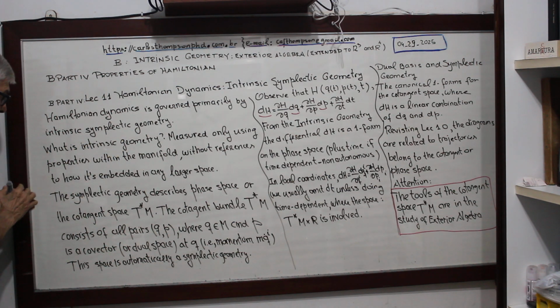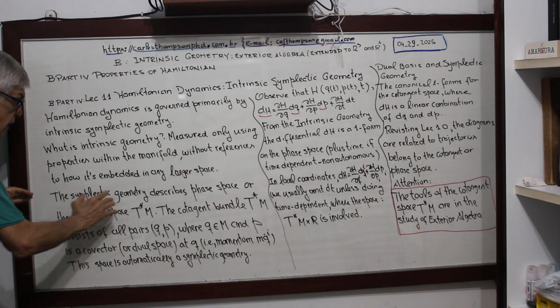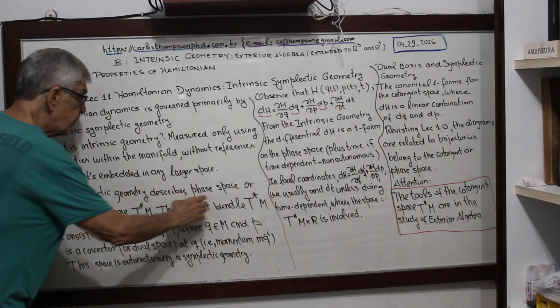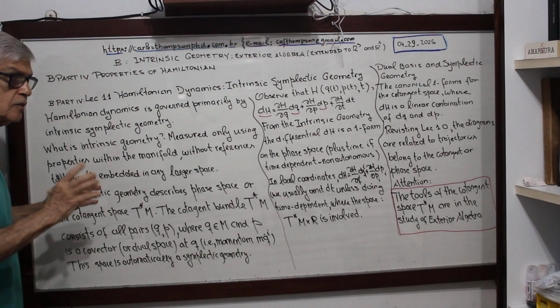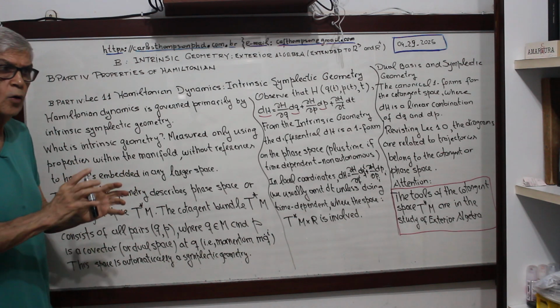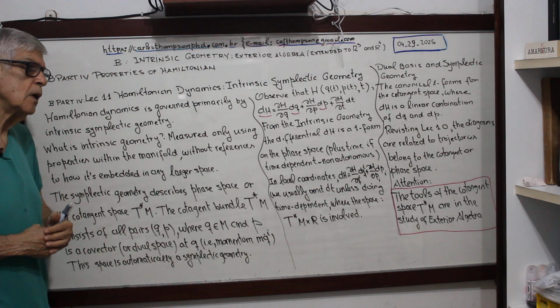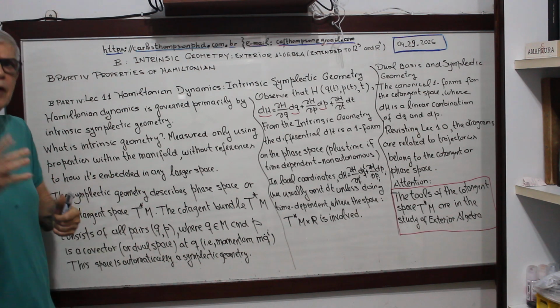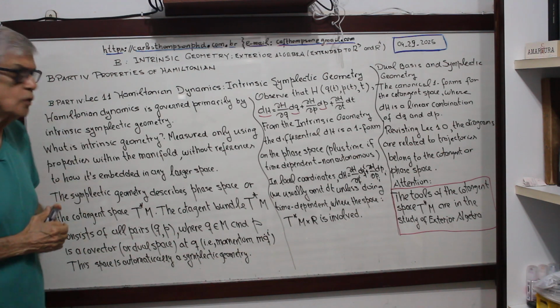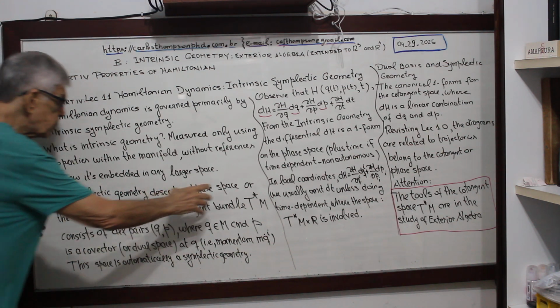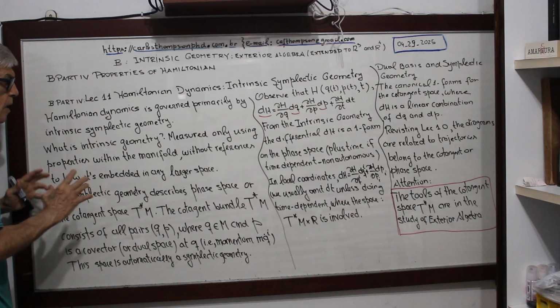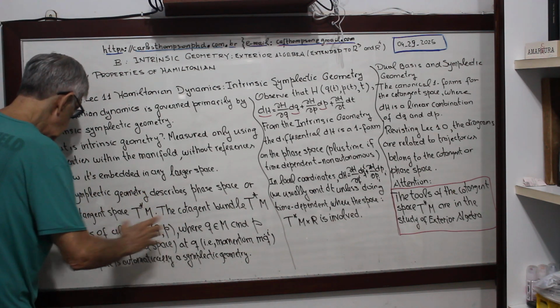Now, symplectic geometry describes the phase space. Phase space is a cotangent space, the same as you saw in previous lectures. You see that a phase space is the same as a cotangent space.